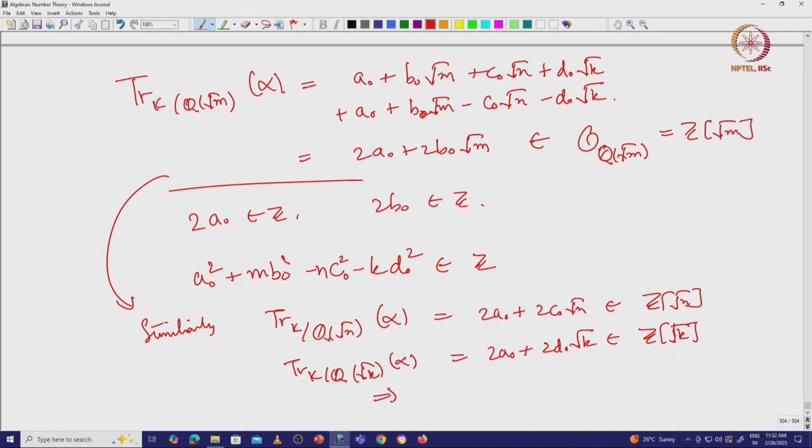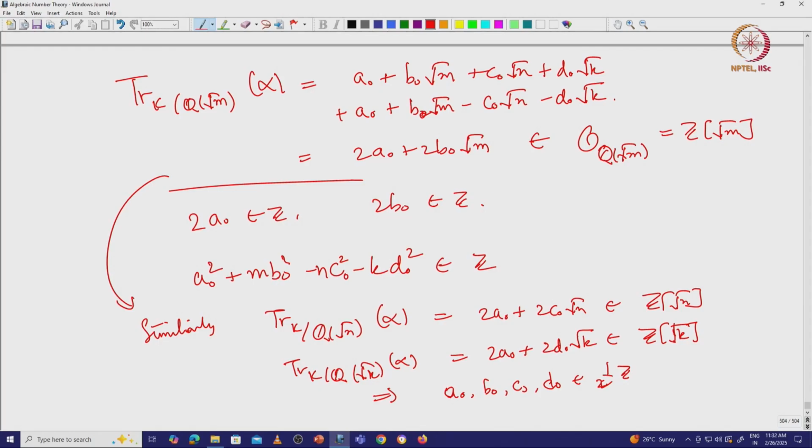So this implies that a0, b0, c0 and d0 are all at most half integers, right. Okay. So, that is fine.